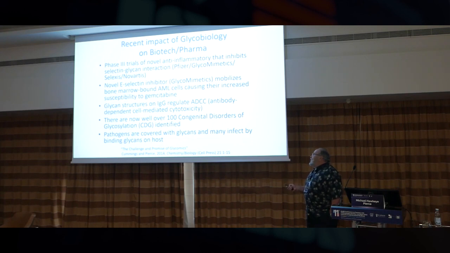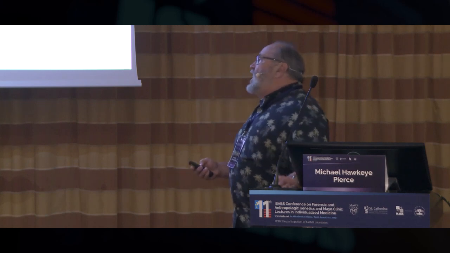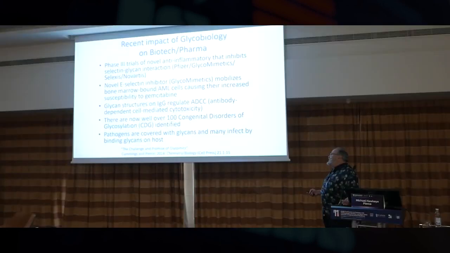And so we know specific mutations that cause changes in glycogene expression or mutations in proteins, and these give rise to congenital disorders. So again, showing that understanding glycans is extremely relevant to human disease.